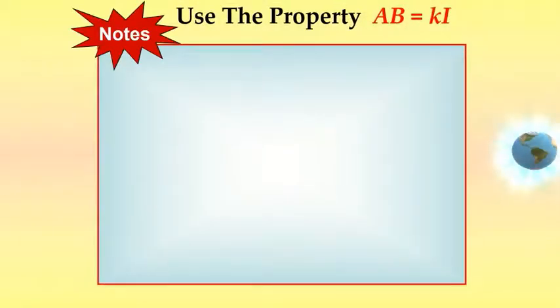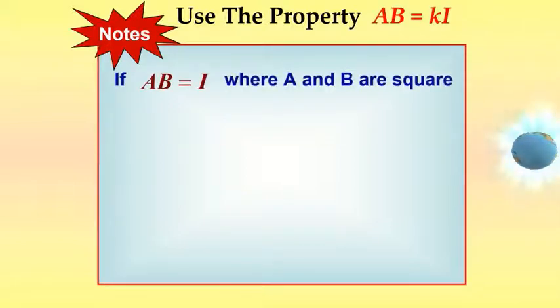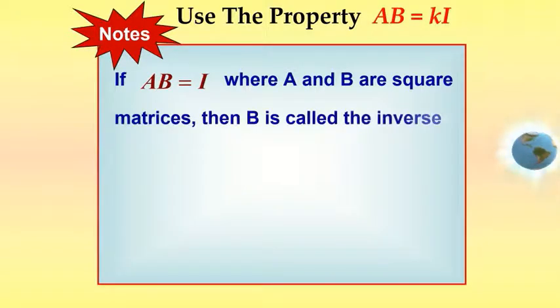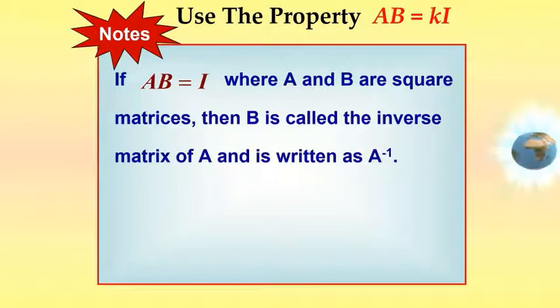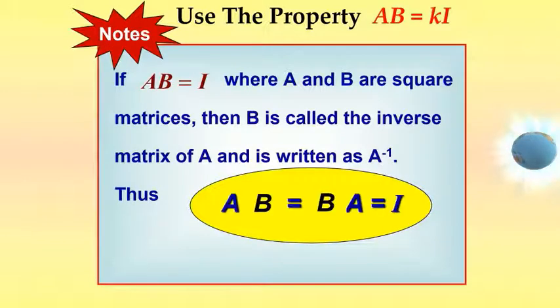Okay, so now we will learn how to find the inverse by using the AB equal to KI property. If AB equal to I, where A and B are square matrices, then B is called the inverse of A. Thus, this is what you learned just now.